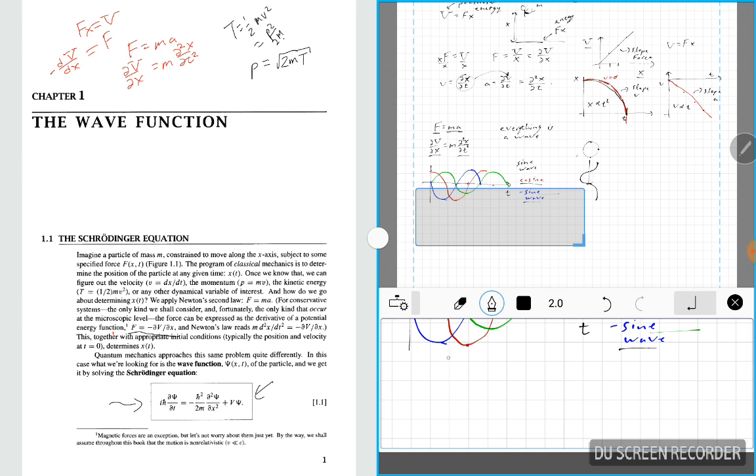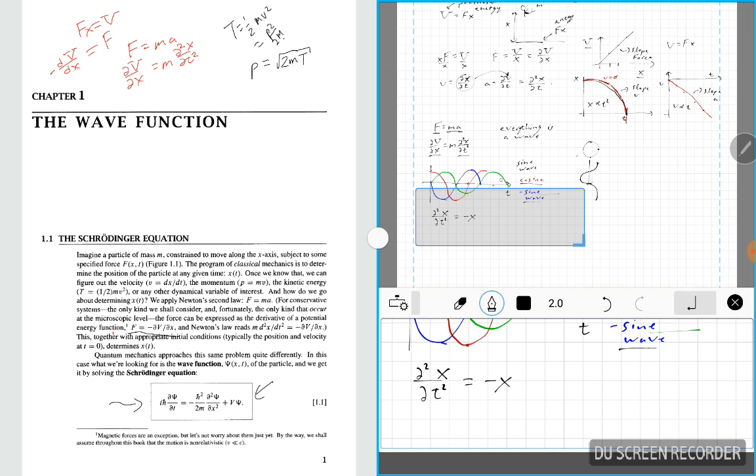So for a wave, for any position x, if I take the second derivative of that with respect to time, I am just going to get the negative of what my original position was.